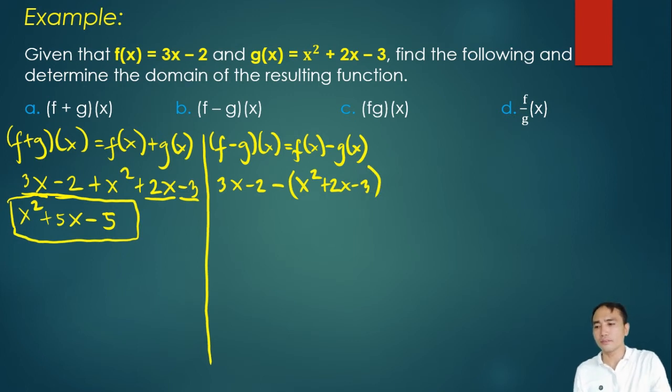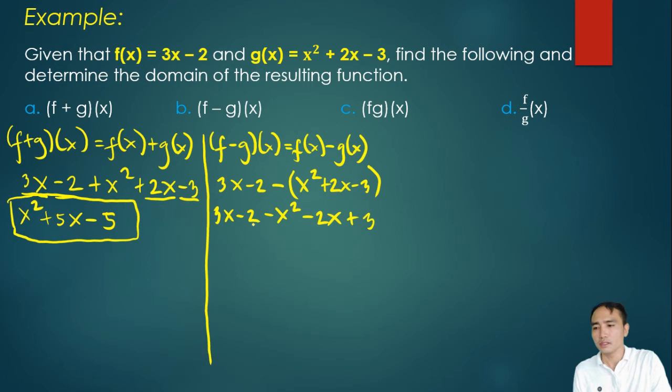Next, we're going to distribute the negative sign on each term inside the parenthesis using the distributive property of multiplication. So bring down 3x minus 2, and then negative times x squared is negative x squared. Negative times 2x is negative 2x. Negative times negative 3 is positive 3.